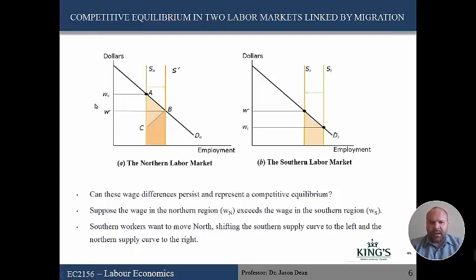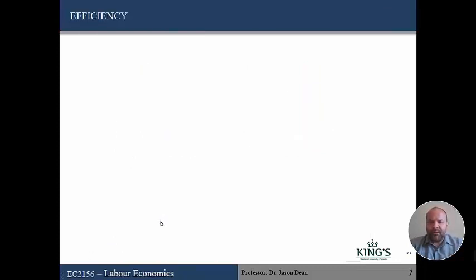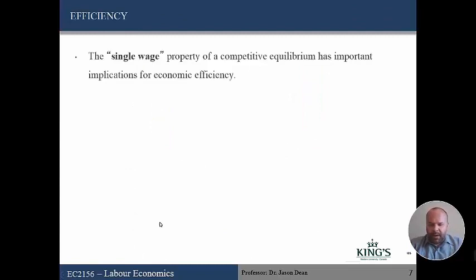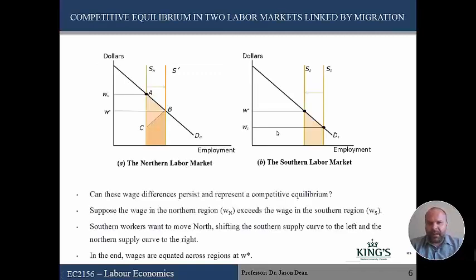Also note that in the north, this higher wage would mean that the marginal product of labor is high here as well, if you remember diminishing returns. So if you were just to think of the big picture in terms of efficiency, the southern workers will be attracted to the northern labor market.